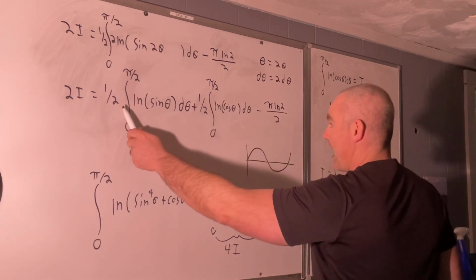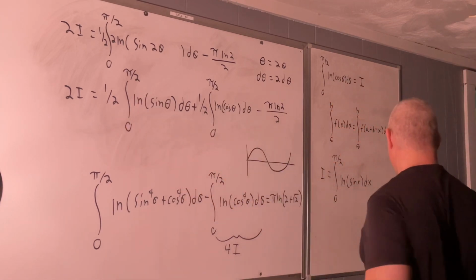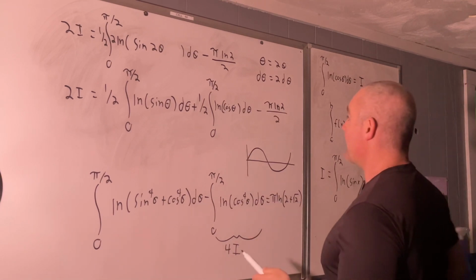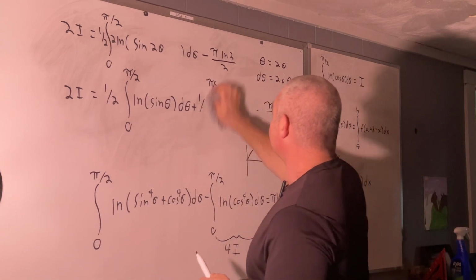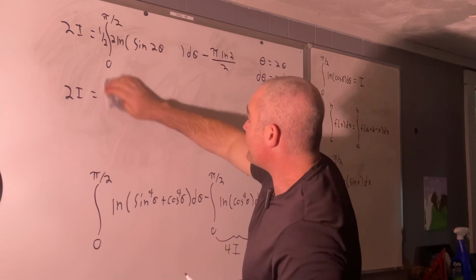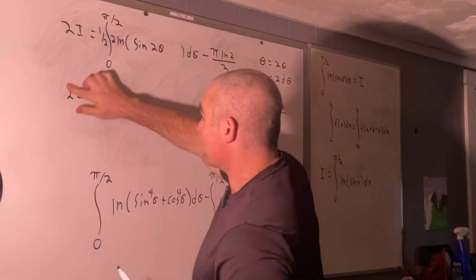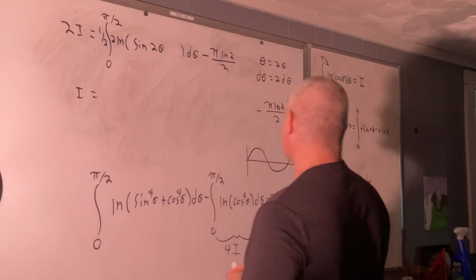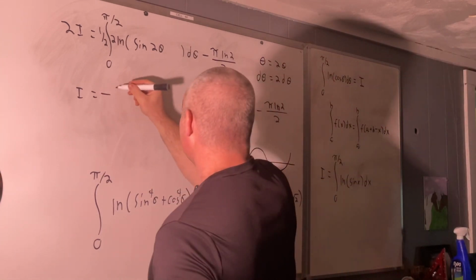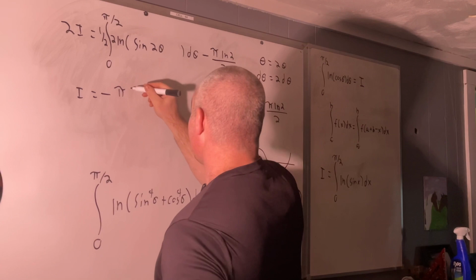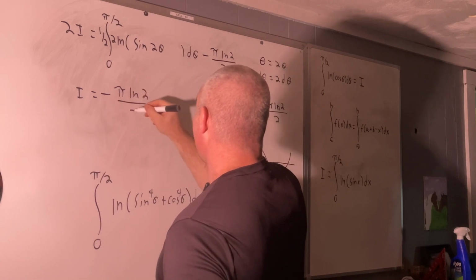So this is 1/2 I plus 1/2 I. In other words, that's just I. And then if we subtract that I from both sides, we are just left with I is equal to negative pi natural log 2 over 2.